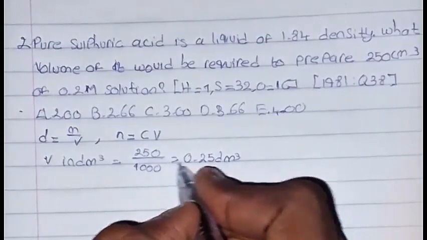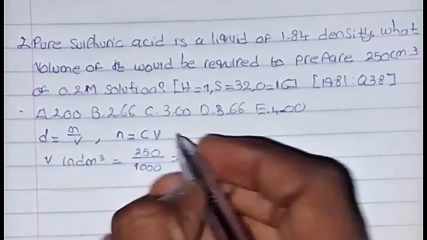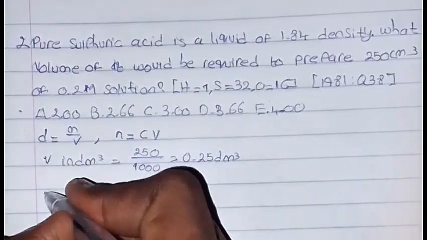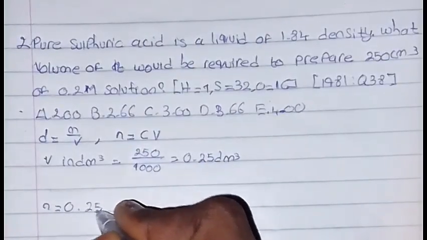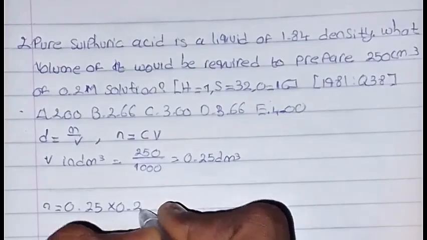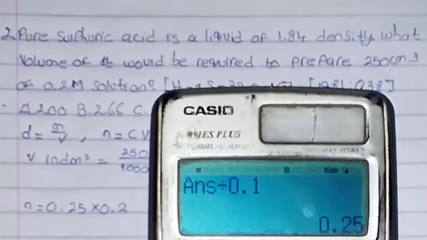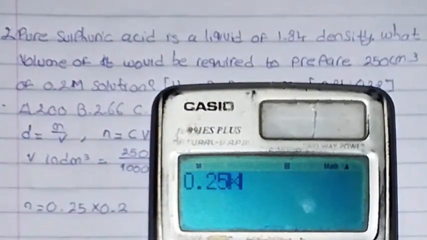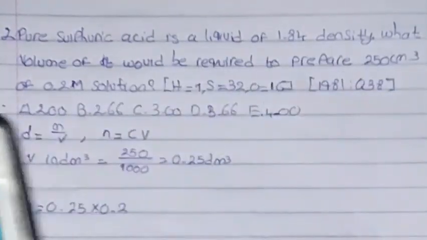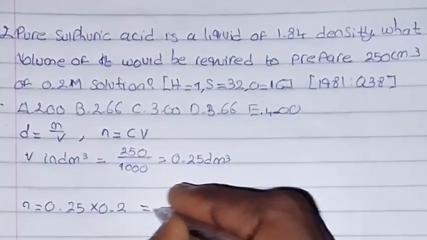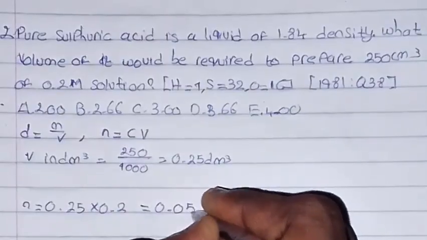We multiply it by 0.2, so N becomes 0.25 times 0.2, which is equivalent to 0.05. So this is equal to 0.05 mole.